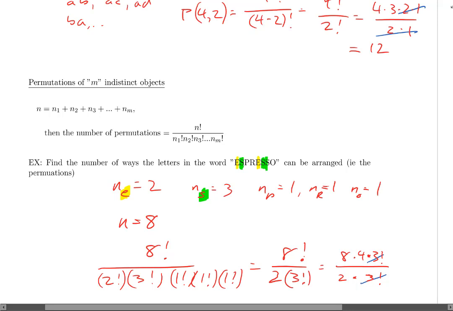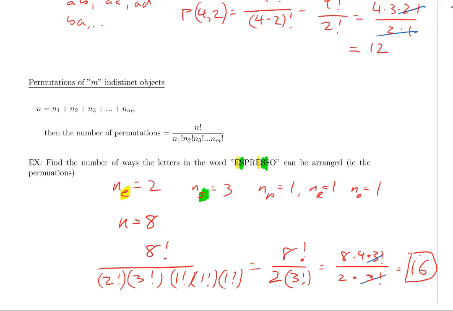And so this ends up being 3360. Excuse me. 3360 ways to rearrange the letters in espresso. And that is all for today.